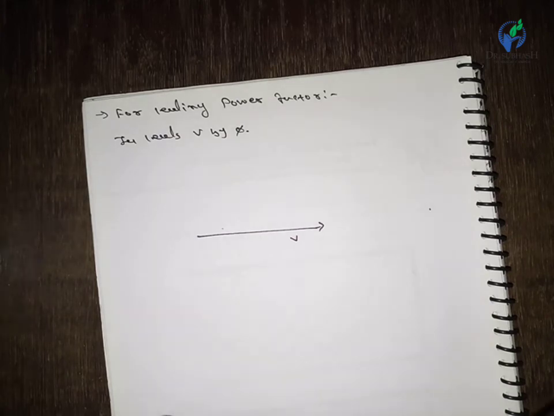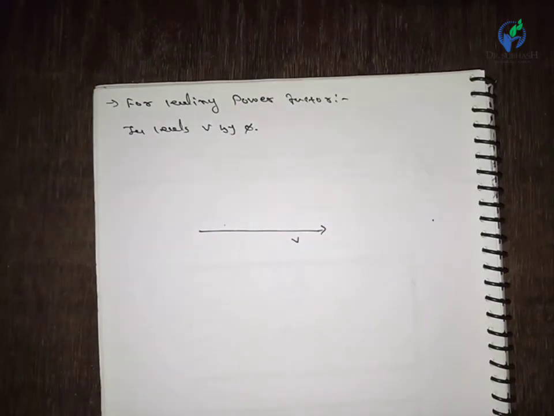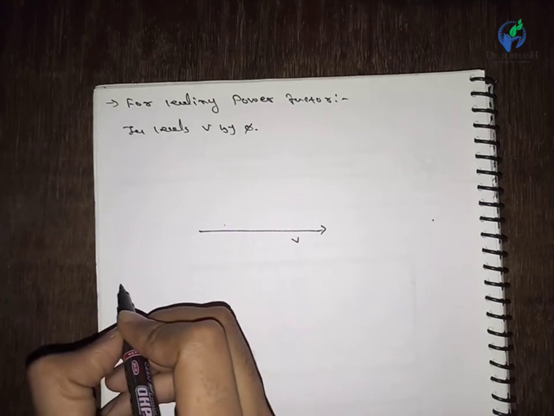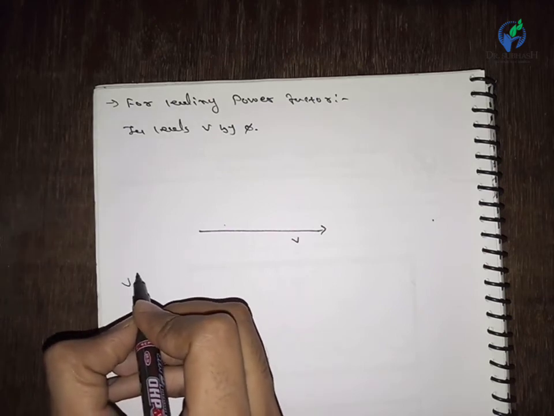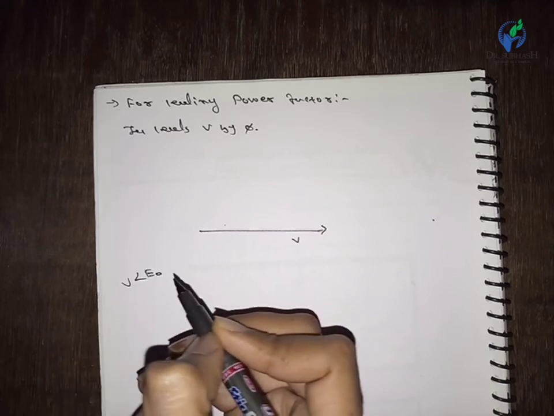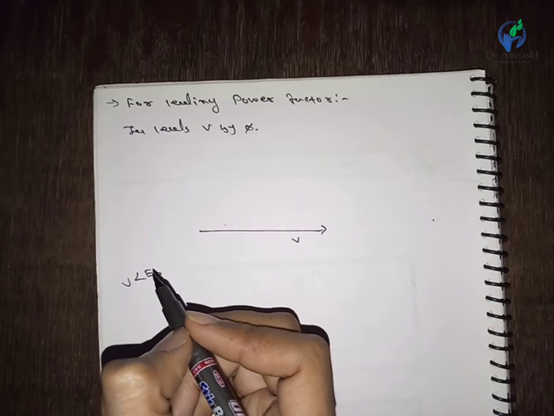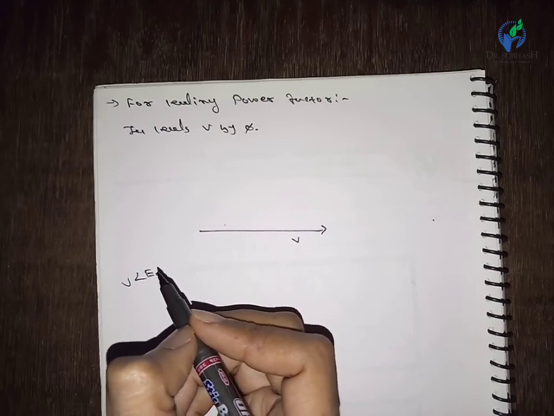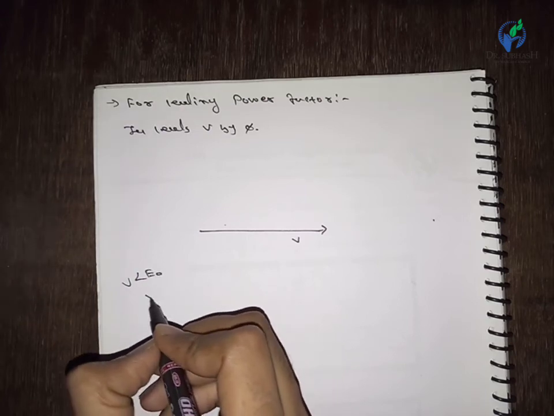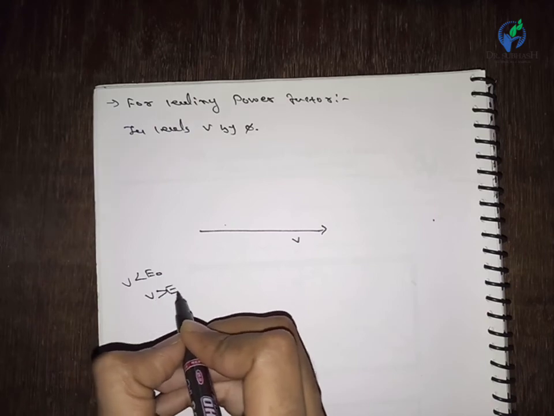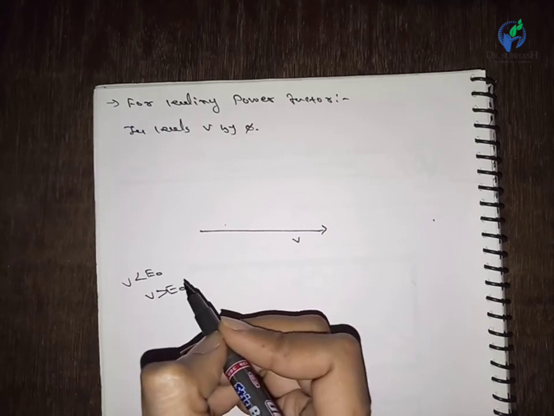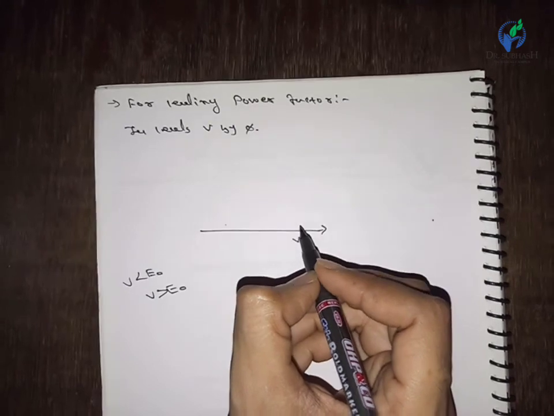So V is less than E0. But for a leading power factor load, the terminal voltage increases with the load. So we write that V is greater than E0. This can be seen using the phasor diagram.